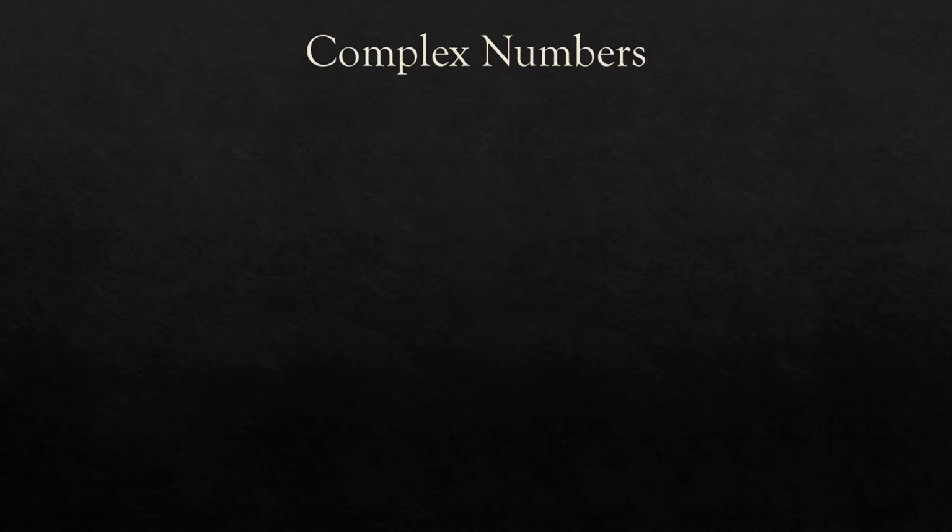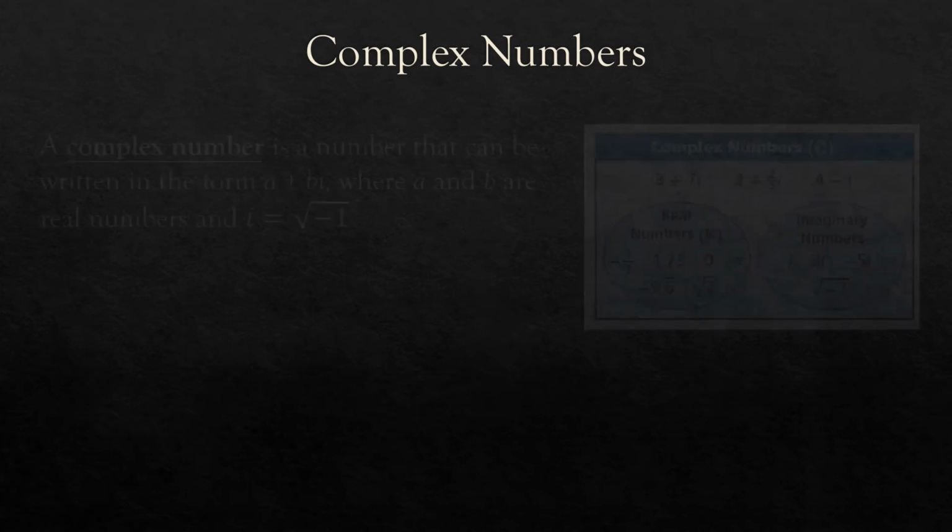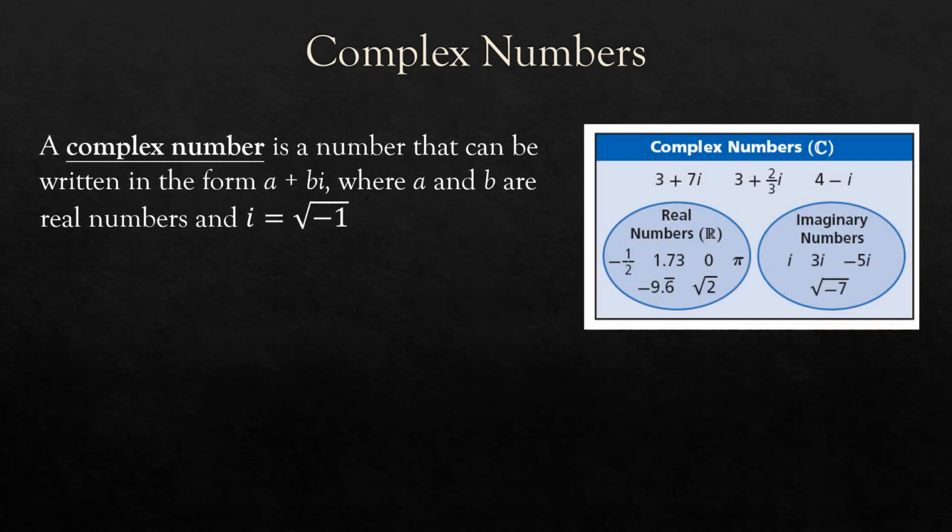So now let's talk a little bit about complex numbers. A complex number is any number that can be written in the form a plus bi, where a and b are real numbers and i is equal to the square root of negative 1, or the imaginary unit.